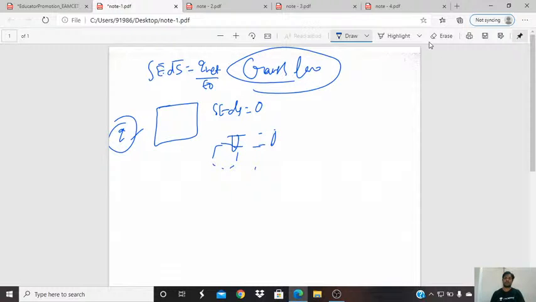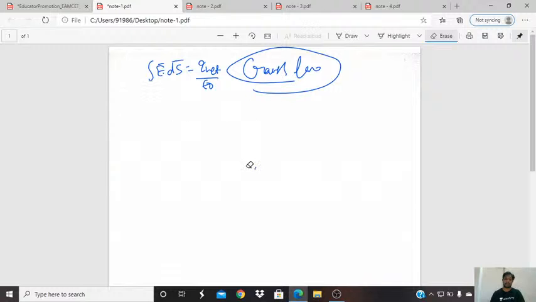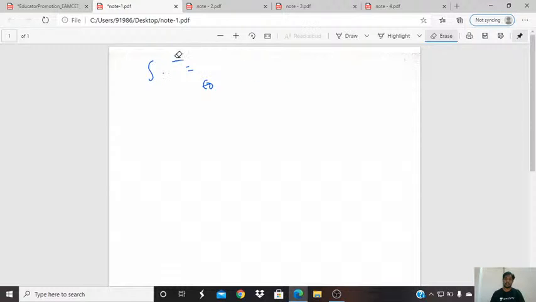The total electric flux around a closed surface is equal to 1 by epsilon naught times the net charge enclosed by it. For example, see, this is a cube.